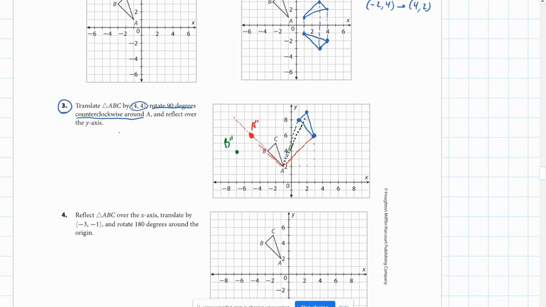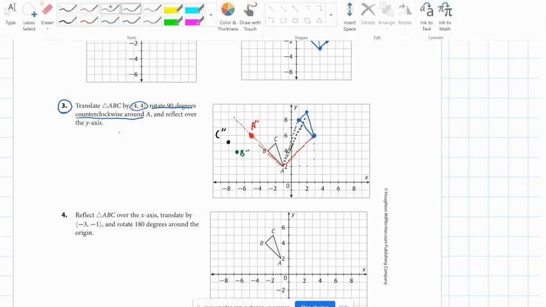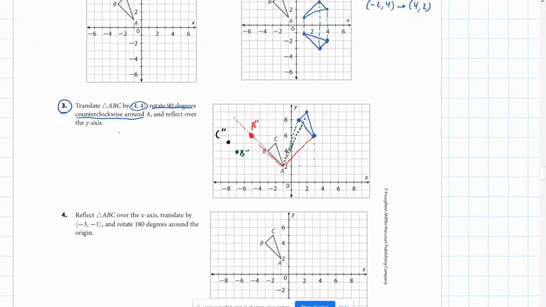So if I go over 7, 1, 2, 3, 4, 5, 6, 7, and up 3, it puts C right there. So we'll have to relabel these. So this is C double prime, and this was B double prime. And so notice that we still have a triangle that's congruent to the first two that we got.